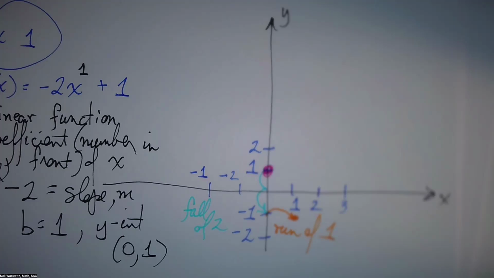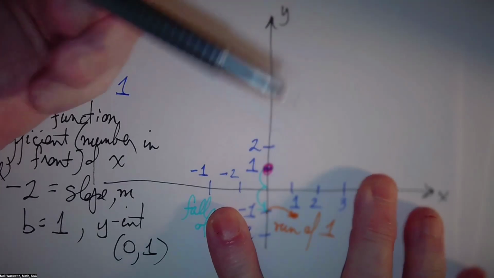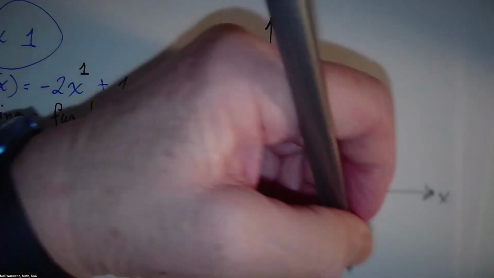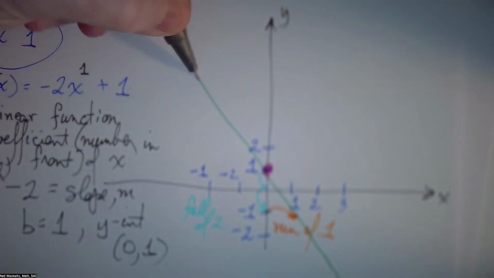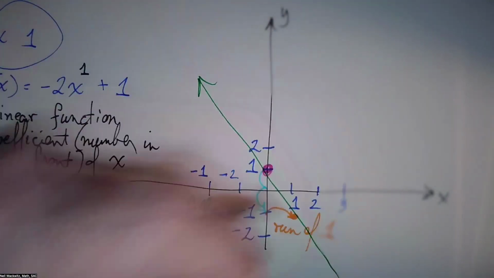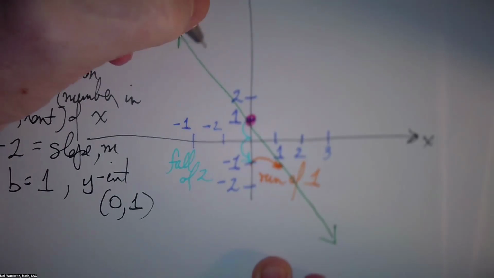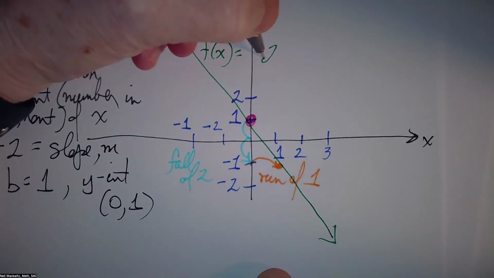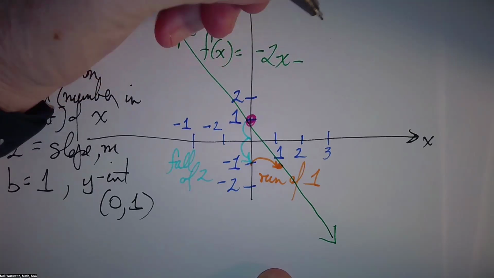And join those two points up. So there's our linear function, f of x is equal to -2x plus 1.